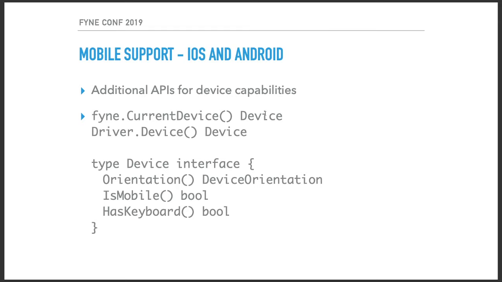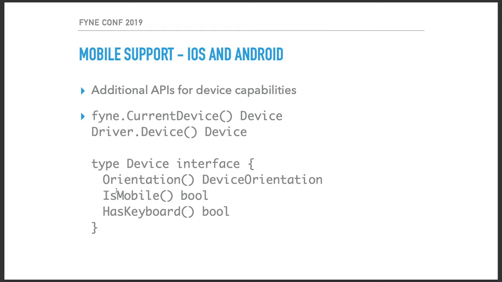You can look up device information using the fyne.CurrentDevice helper function, or if you have a reference to the loaded driver, it has a device function which will return the information that the driver is currently running for. However you get the device value, it will conform to this interface, and so you can inquire as to the orientation of the device, which would be portrait or landscape.